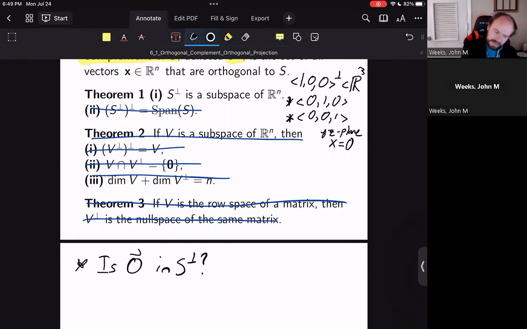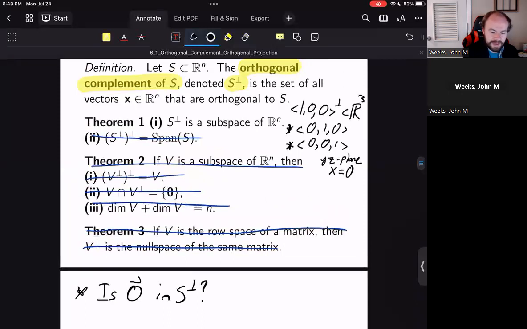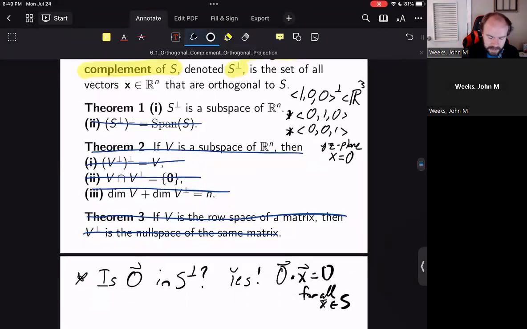Well, if I take the vector 0 and take its dot product with anything inside of the set S, I'm going to get 0. So yes, 0 dot any vector x equals 0, and that's true for all x in our set S.